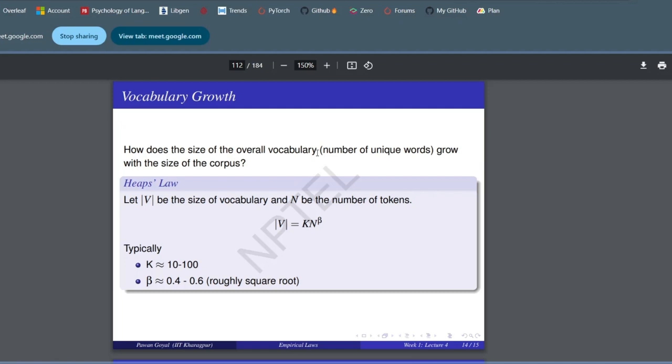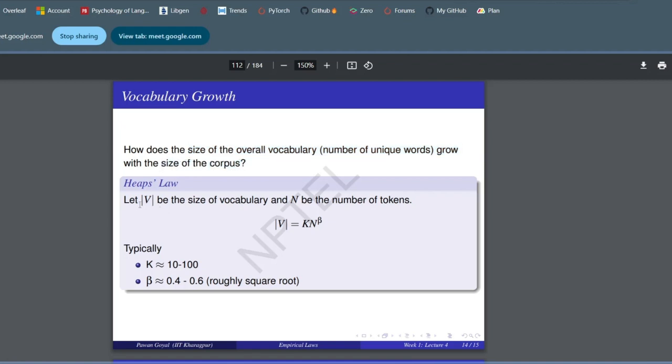For every language there exists a certain number of valid unique words that constitutes its vocabulary, and the size of that set would be the size of the overall vocabulary. So in Heaps' law, we are trying to correlate the size of the vocabulary, that is the number of unique words, with the size of the corpus.